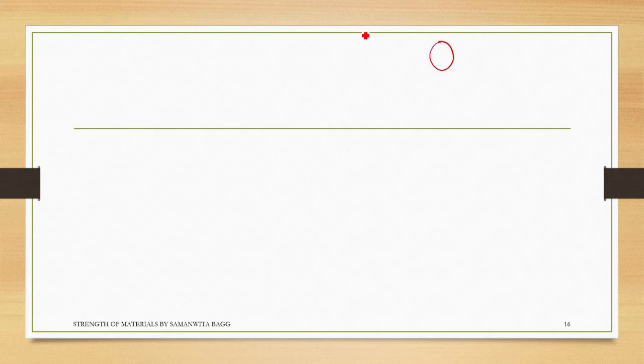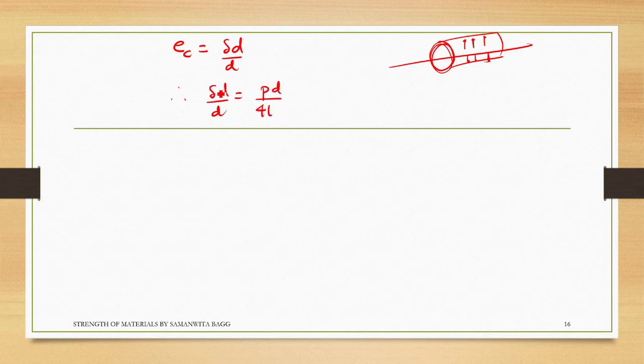This is my cylinder, and if there is stress in this direction because of the pressure P, my cylinder was breaking like this in between, and the circumference was getting affected. When the diameter gets inflated, the circumference gets affected. So I can say that EC will also be delta D upon D, that is change in dimension upon original dimension, and the dimension here is the diameter. So delta D upon D is also equal to Pd upon 4tE into (2 minus mu).